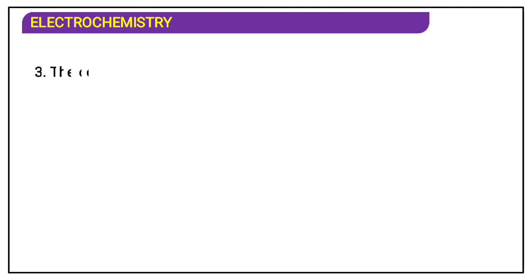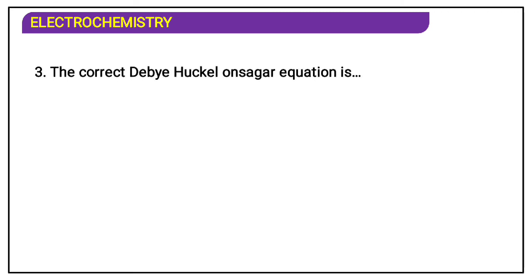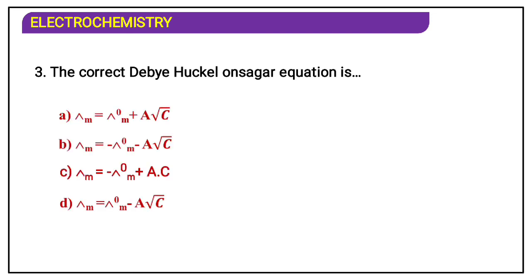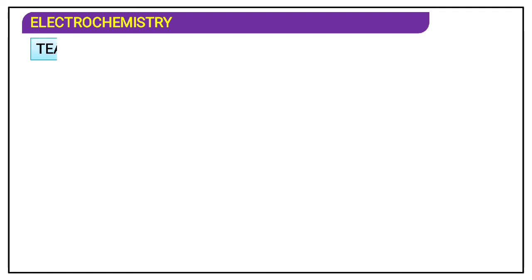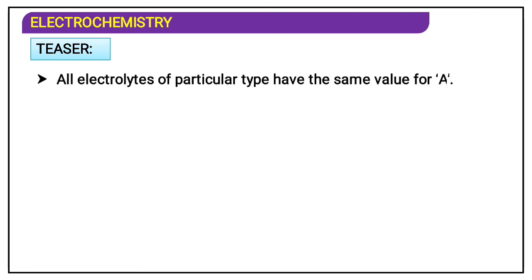The next question: which of the following is the correct Debye-Huckel-Onsager equation? The correct equation is lambda m is equal to lambda naught m minus A into root C. Okay?